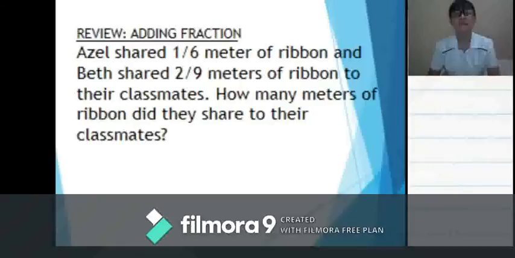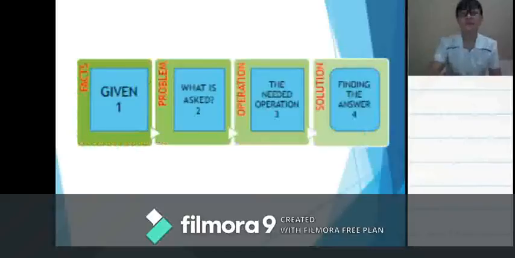In order to get this answer, we have to apply the steps on how to solve a problem, even a word problem. These are the steps to follow in solving the problem. As you can see, the first one is the facts, which means what are the given fractions or given numbers in the problem.